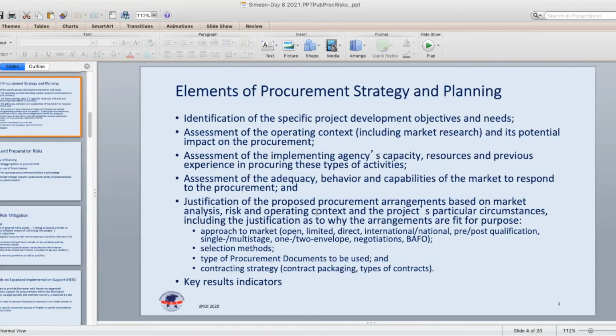Yeah, justification. Let me just focus on justification of the proposed procurement arrangement based on market analysis, risk and operating context and project's particular circumstances.